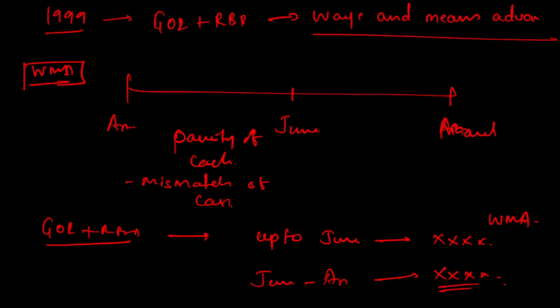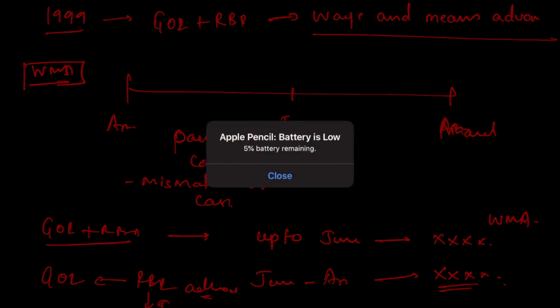So this is now the agreement between Government of India and RBI. Now earlier we had seen that Government of India would get money from RBI, and RBI used to issue ad hoc T-bills. So this wasn't money from the market, this was purely out of the pocket of RBI, right?